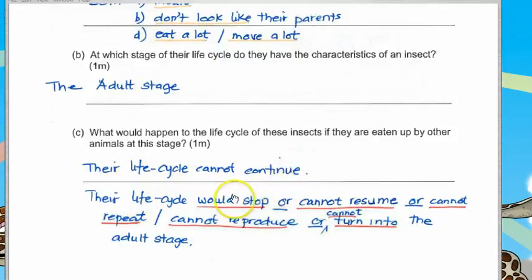You may write that their life cycle would stop, or cannot resume, or cannot repeat, or cannot reproduce, or cannot turn into the adult, and so on. Something that breaks off the life cycle. If you say the insect dies, it is not correct.